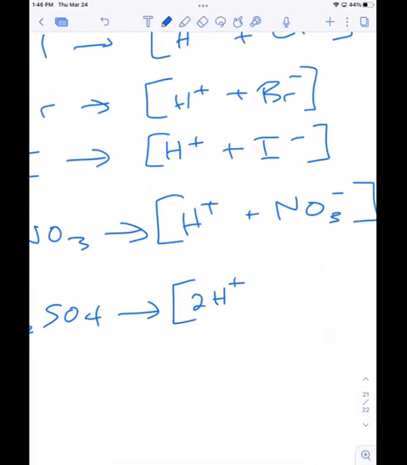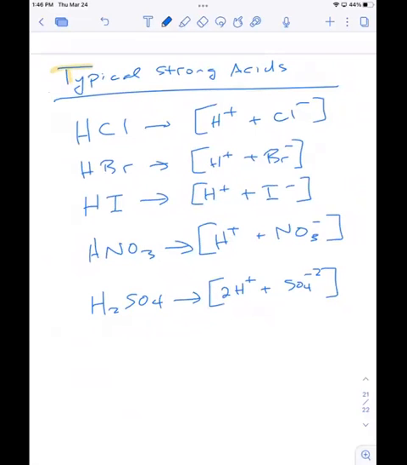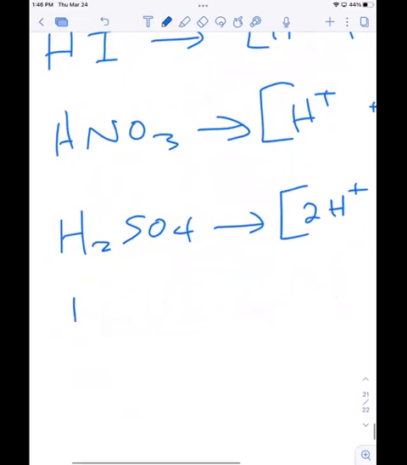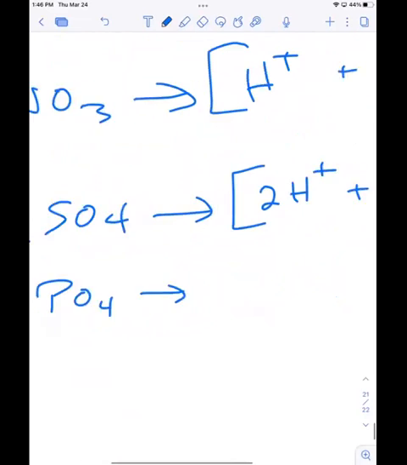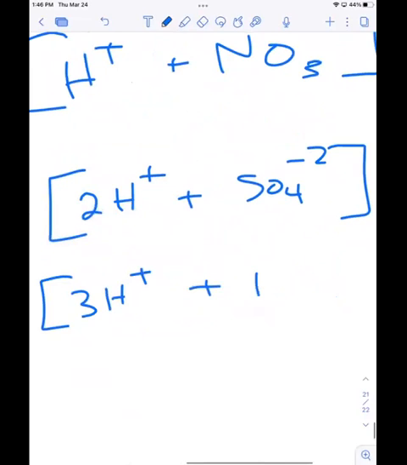It would be 2H plus SO4 minus 2. And sulfuric acid is a very strong and nasty acid. Get it on your skin, you'll know it. And then you have H3PO4, which is phosphoric acid, and that's going to dissociate into 3H plus PO4 minus 3.